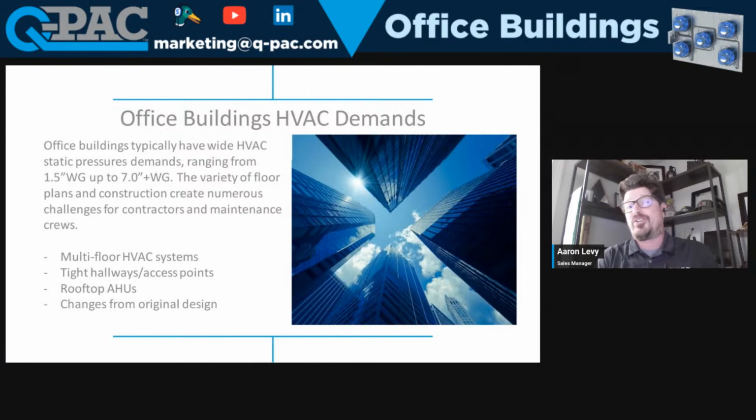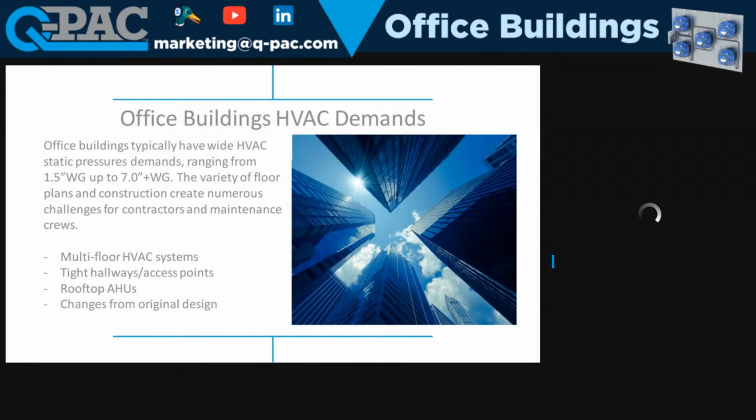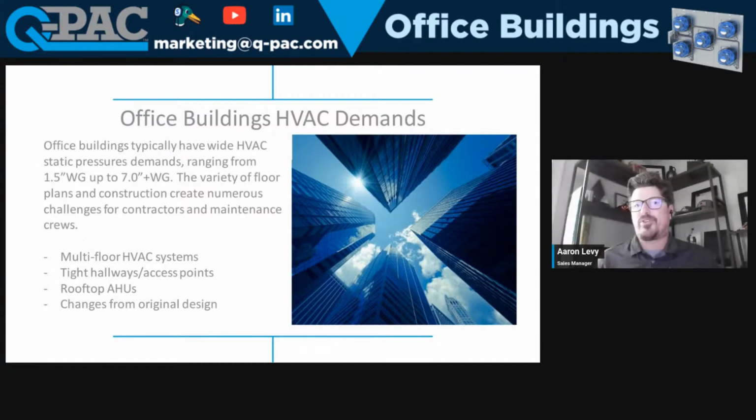So with office buildings, very similar to any other kind of building that we've talked about before, typically have a wide range of static pressure demands. A lot of them somewhere anywhere from 1.5 to 7 inches on the supply side. Returns can vary. And they'll have a variety of floor plans and constructions.